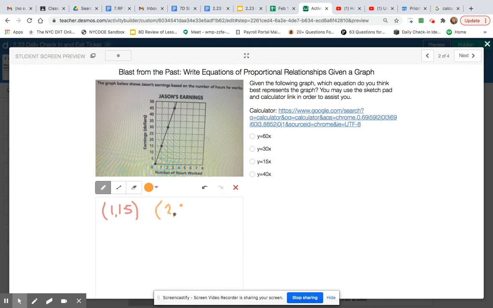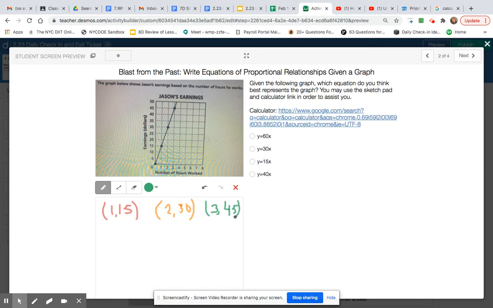And the third one is, well, the fourth one, my apologies, is 3 comma 45. All right.